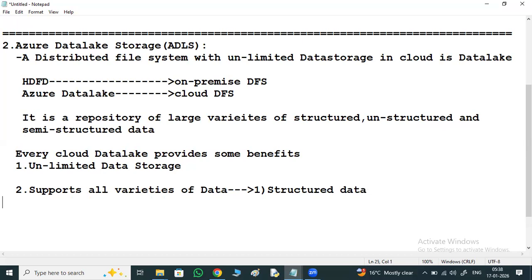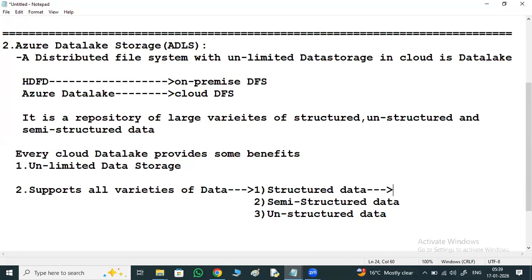Supports all varieties of data: structured data, semi-structured data, and unstructured data.